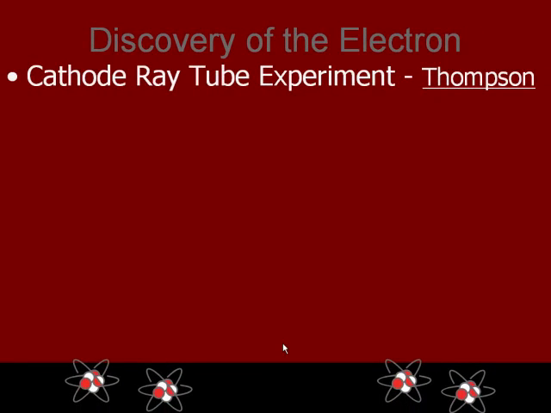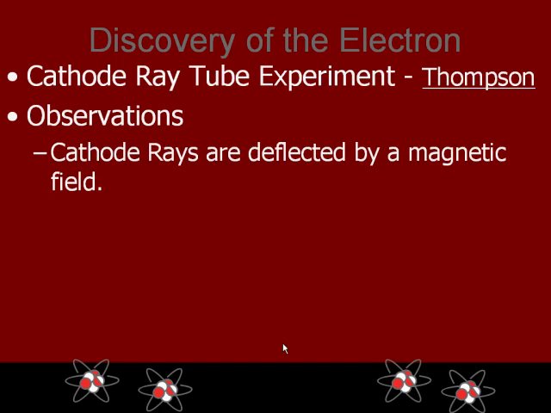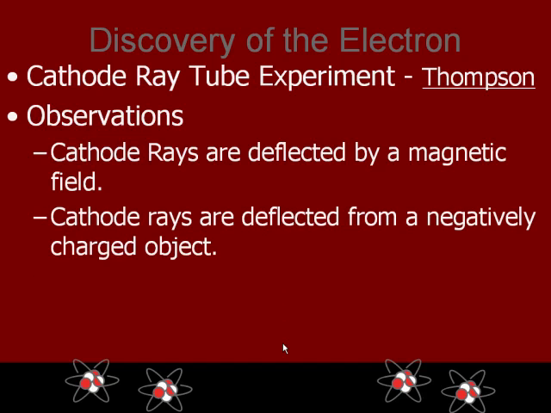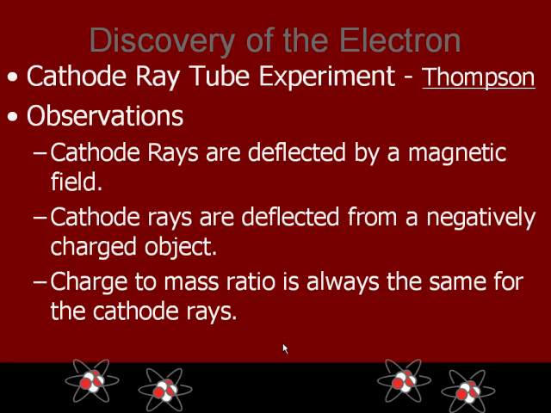Let's talk about his observations that were mentioned in the animation. He says that the cathode rays are deflected by a magnetic field. They are deflected from a negatively charged object, and the charge to mass ratio is always the same for the cathode rays.